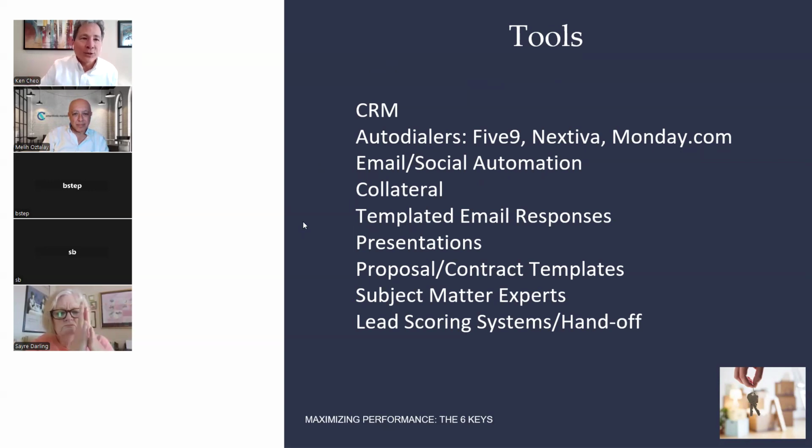There are all kinds of great tools, Canva and others, to make your collateral and presentations a lot more effective. Every CRM has templated emails and contracts, reducing the amount of time it takes for your salespeople to send emails and put out contracts, and then again, do the lead scoring.